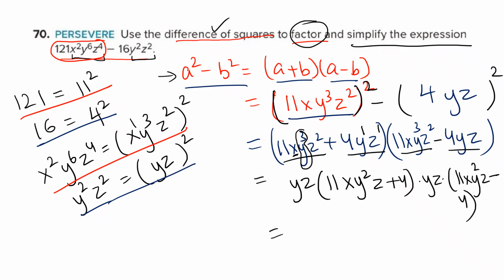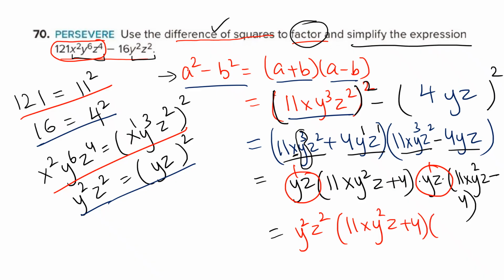Now let's rearrange. yz and yz are multiplied, so power 1, power 1 becomes power 2. So y², z² and I'm left with the same terms. So this can be the final answer, which we have simplified by taking the common factor out.